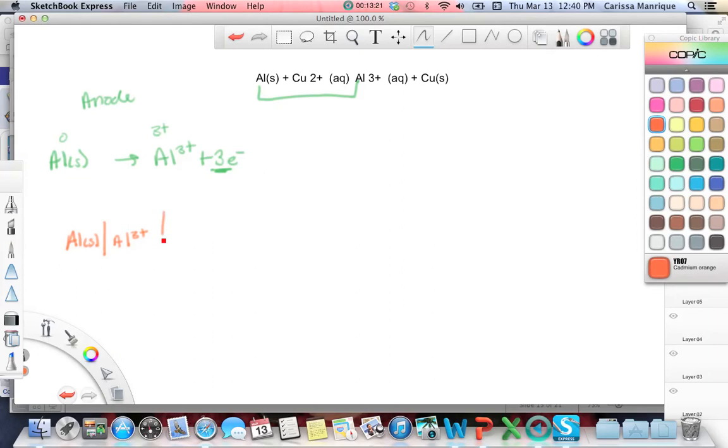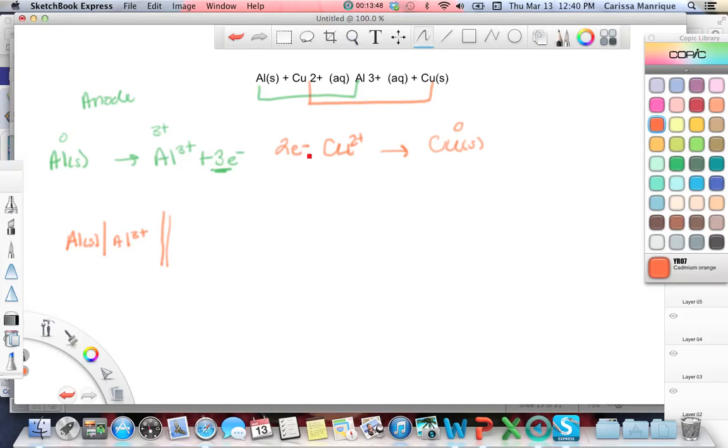Okay, now I need to separate it by 2 lines, because now I need to look at my cathode. So I have copper 2 plus, because I'm looking at copper 2 plus going to copper solid. So I have a 2 plus, and over here this is 0. Okay, so where do my electrons go? Over here.